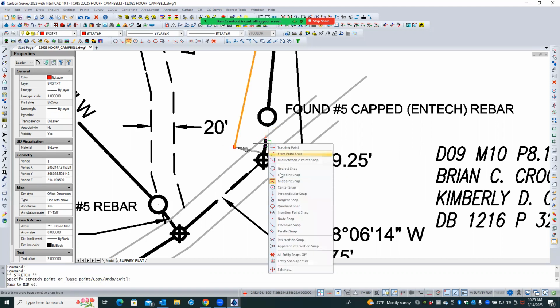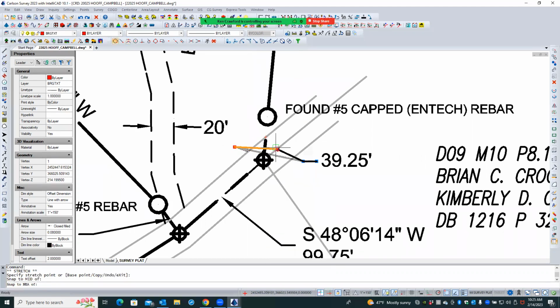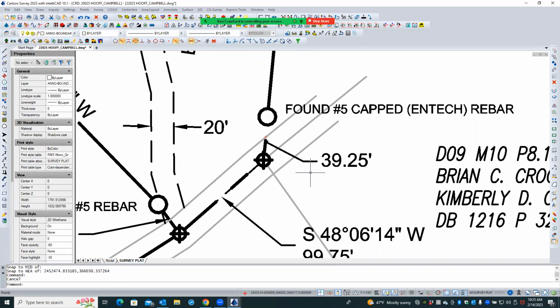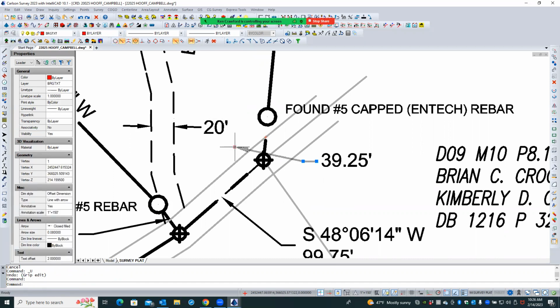Oops. Yeah, let's see here. How about let's just do the annotated again and see what happens. All right.